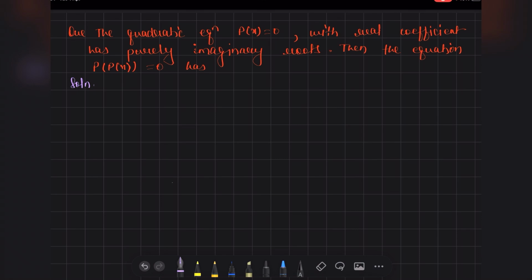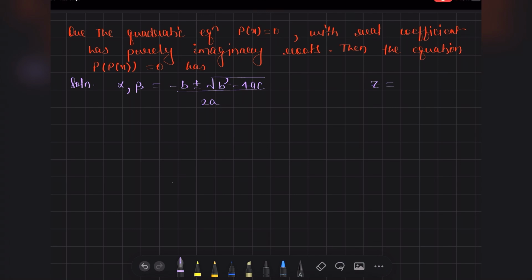Is that okay? Now look at this. While dealing with roots, we have one formula, that is minus b plus minus root b square minus 4ac by 2a. If you want purely imaginary, first try to understand what is purely imaginary.